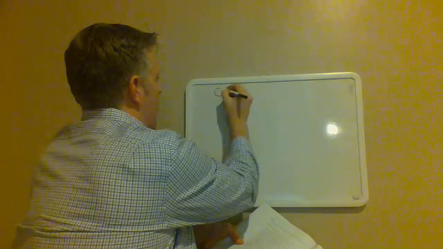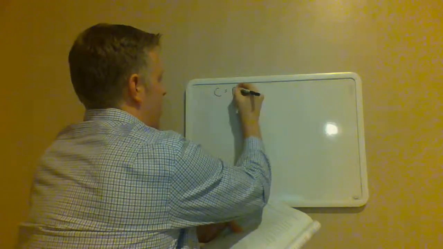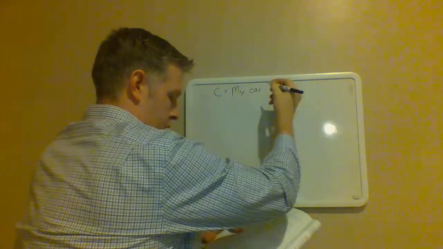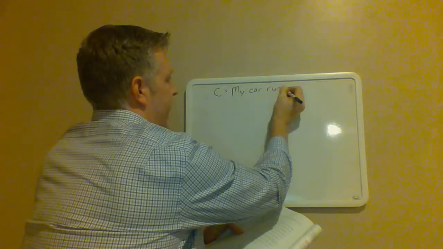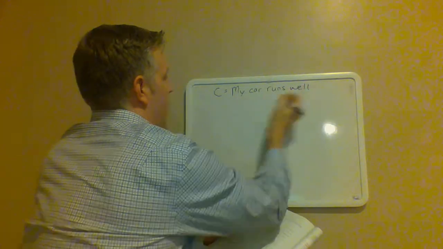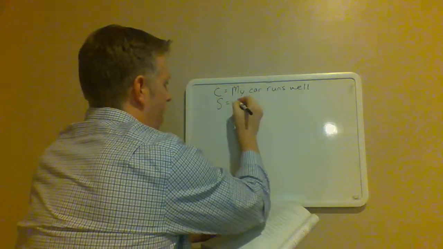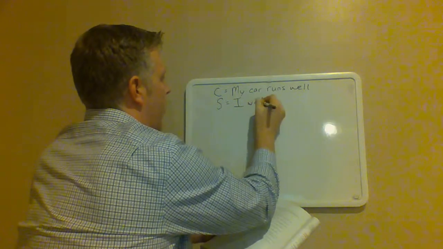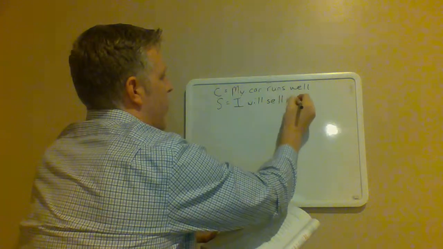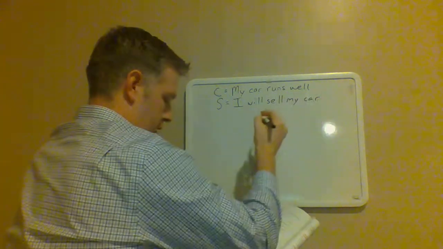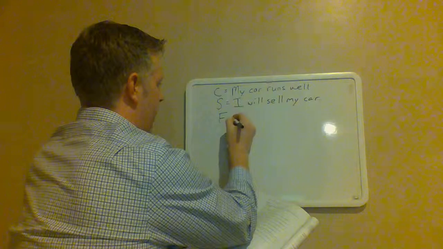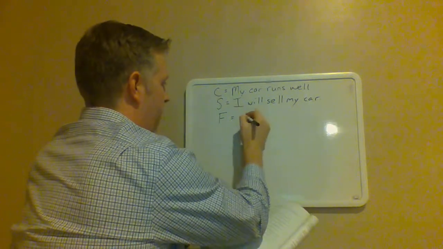So C will stand for my car runs well. Okay. S will stand for I will sell my car. And then finally F will stand for I will have my car fixed.